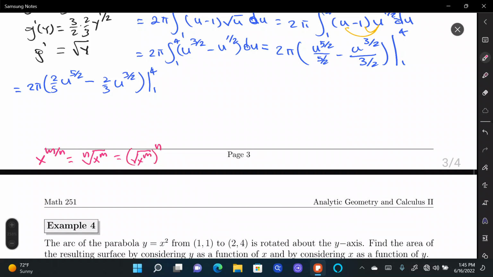There's a couple of ways to do it. In this case, I'm going to use the second version, because notice the limits of integration, 1 and 4, are both perfect squares. So what I'm going to do is take the square root first, and then raise to the 5th and 3rd powers.